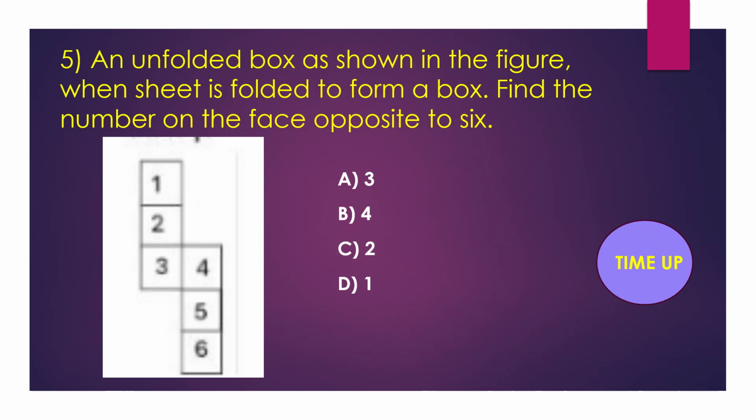When sheet is folded to form a box, find the number on the face opposite to 6. Opposite to 6 they have asked, correct? So 6 is here. So how to find out the opposite? Jump. I'll jump to 4, correct? So correct answer will be what? 4. Simple, correct?